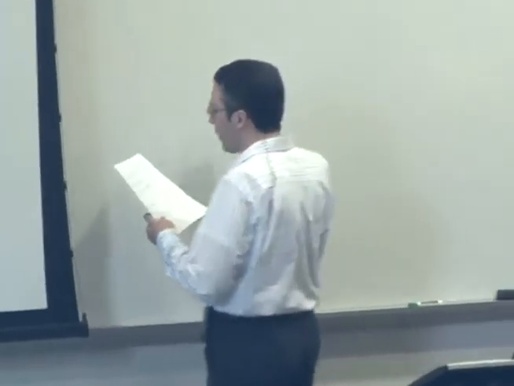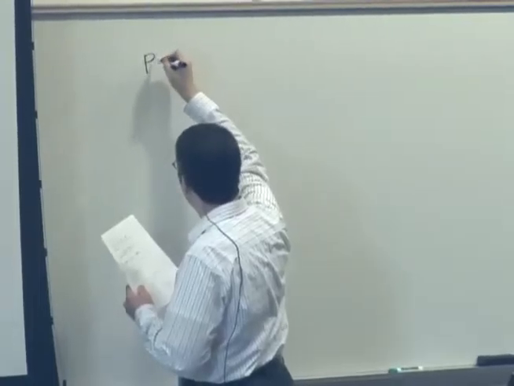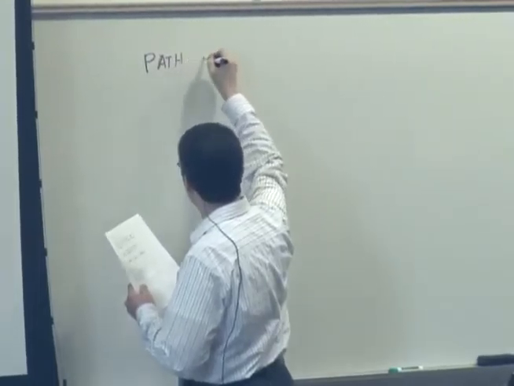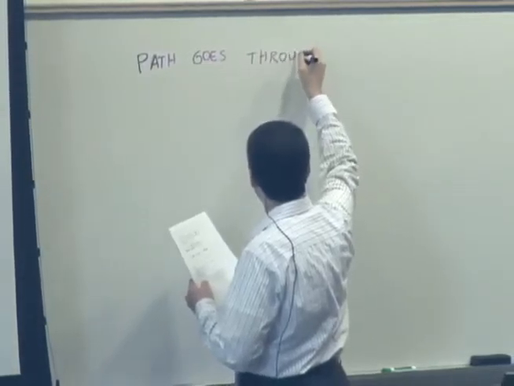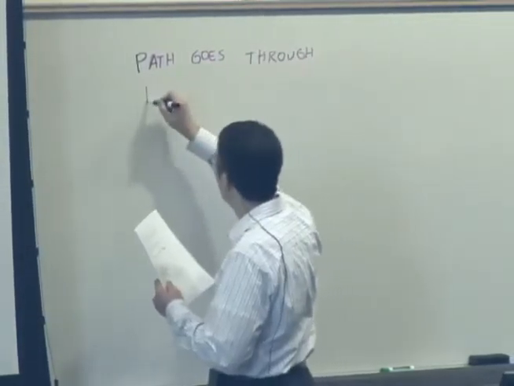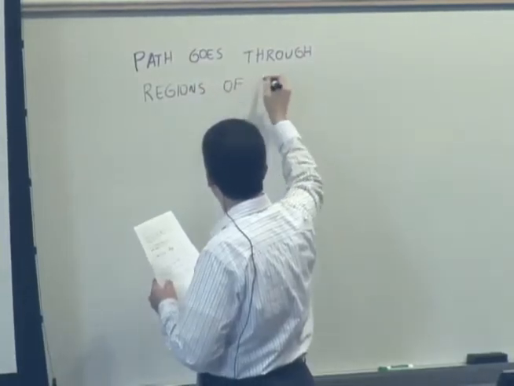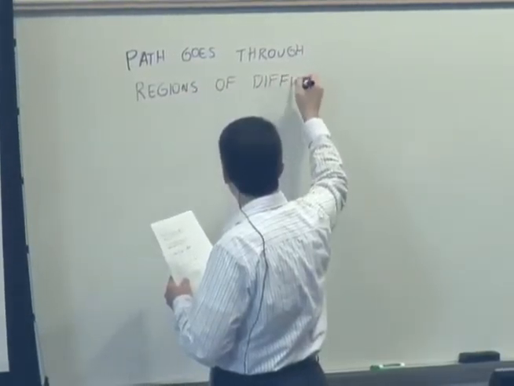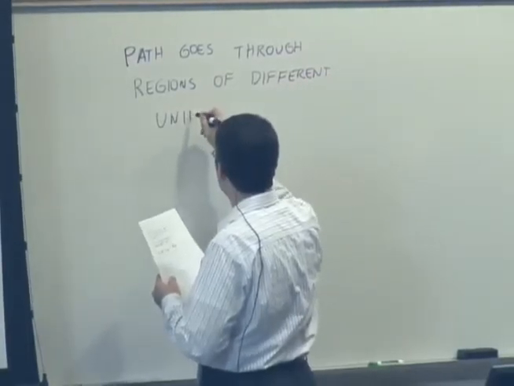We'll look at a couple different cases, and the first is the simplest case where, say, the path goes through regions of different uniform electric fields.